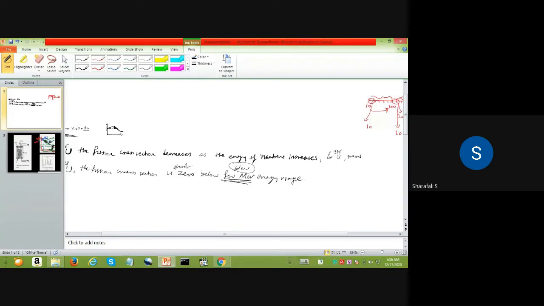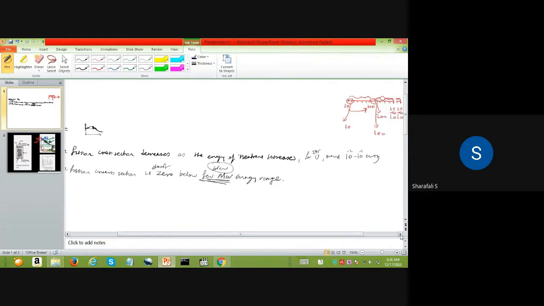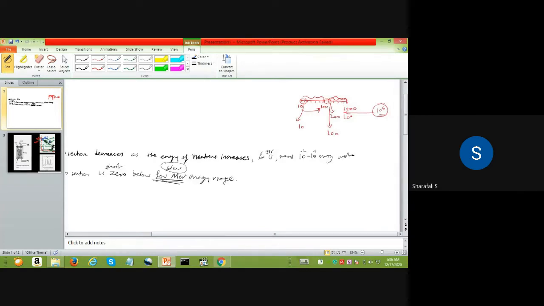For uranium-235, you can also say that around 10 to the power -2 to 10⁻¹ range of energy, we have the fission cross section in between 10² to 10³, and you can write an average value of 580 barns.